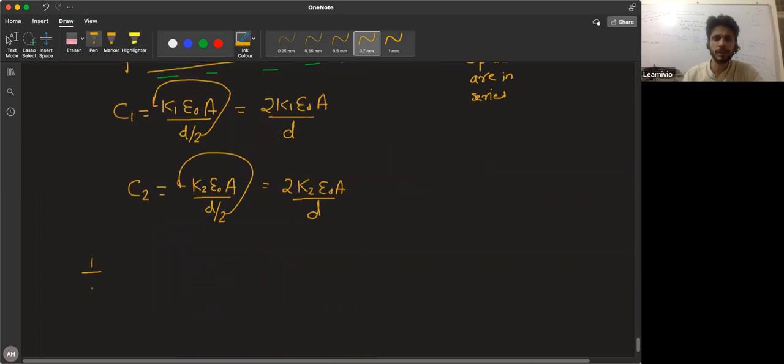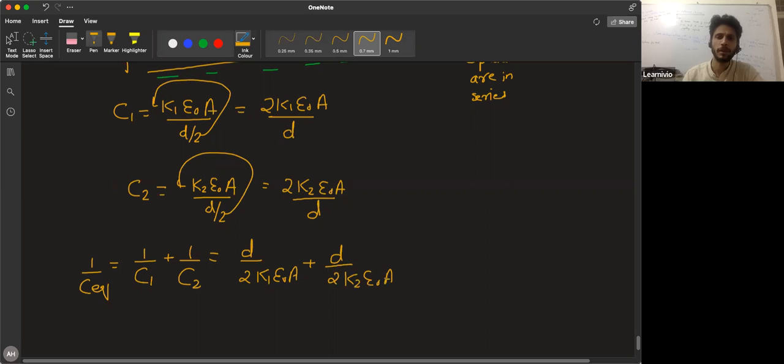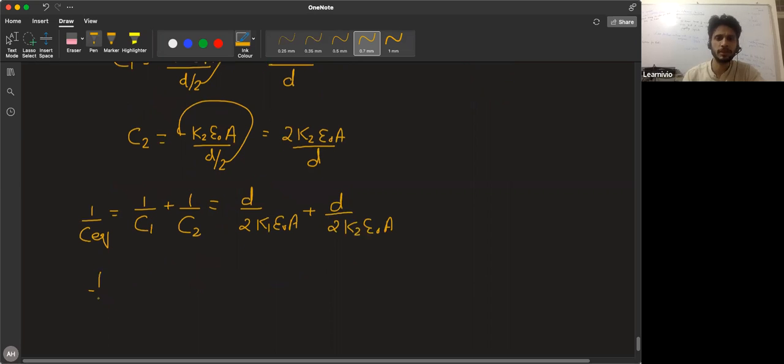So for series, I can write 1 by C equivalent is 1 by C1 plus 1 by C2. So it's D by 2K1 epsilon naught A plus D by 2K2 epsilon naught A. So 1 by C equivalent will be D by 2 epsilon naught A times 1 by K1 plus 1 by K2.